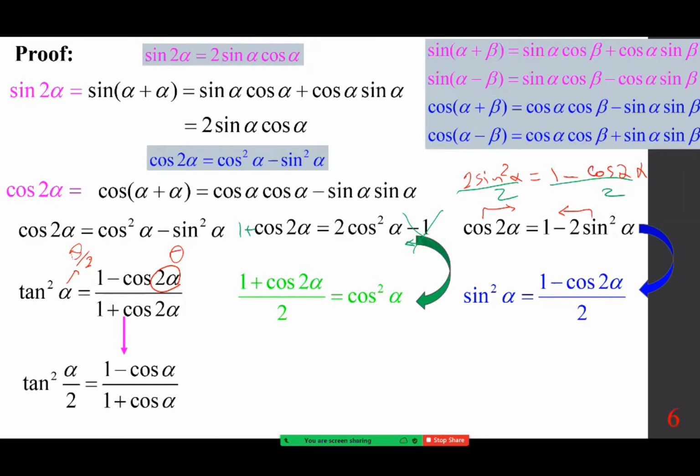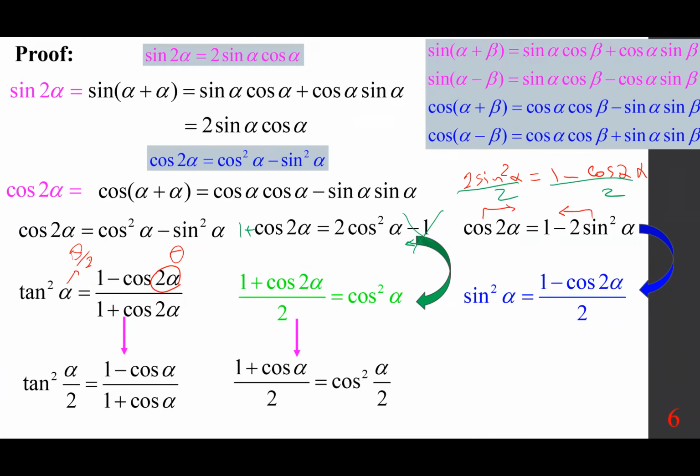Tan squared of alpha over 2 is 1 minus cosine alpha over 1 plus cosine alpha. Cosine squared of alpha over 2 is 1 plus cosine alpha divided by 2. Sine squared of alpha over 2 is 1 minus cosine alpha divided by 2.